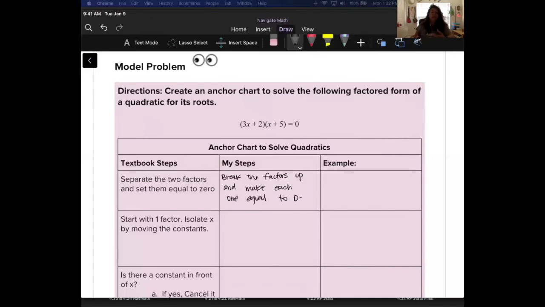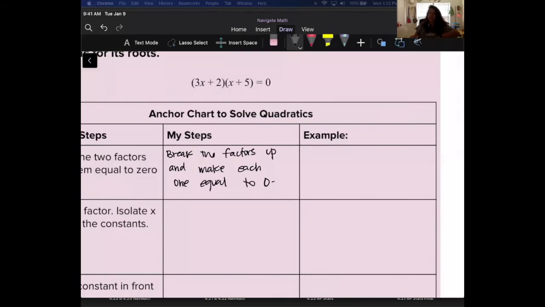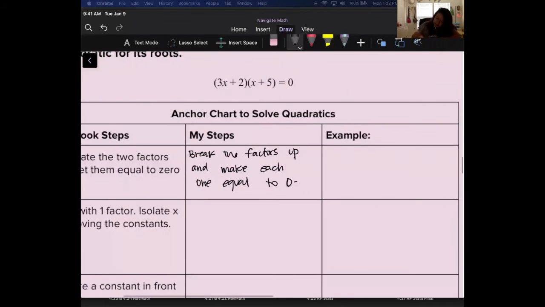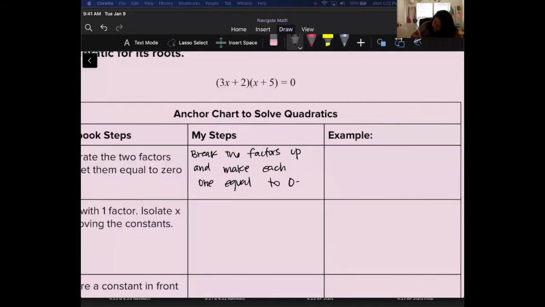Another way that you can say this that I've heard other students say is to separate the equations and set them equal to 0. Or another student can say separate the equations and make it equal to 0. It's up to you how you want to write these steps. Here's an example. So taking the example that's given up here, we're going to do 3x plus 2 equals 0 and x plus 5 equals 0.